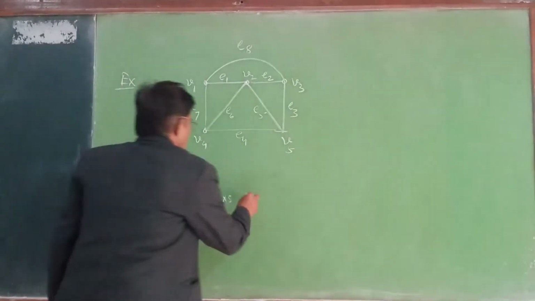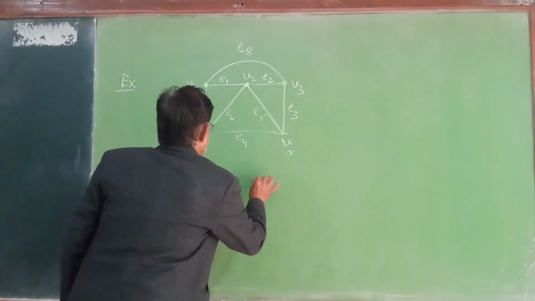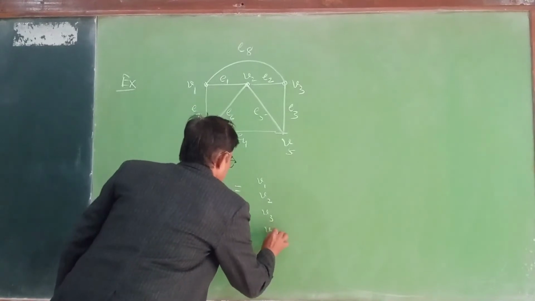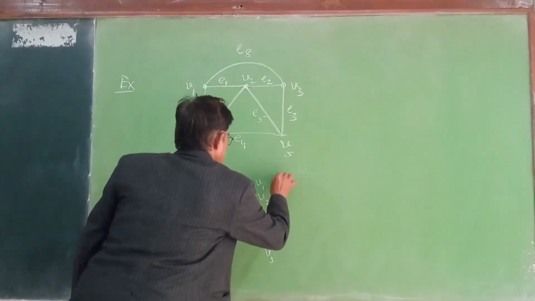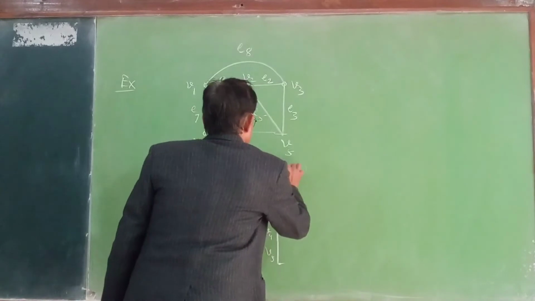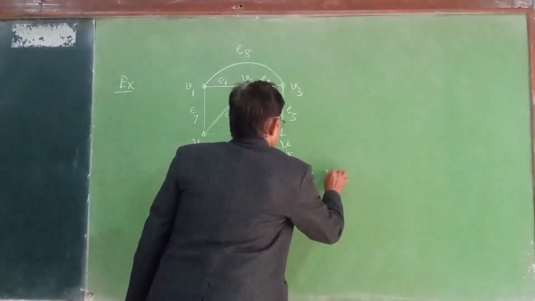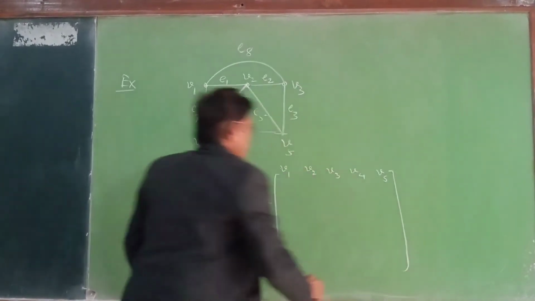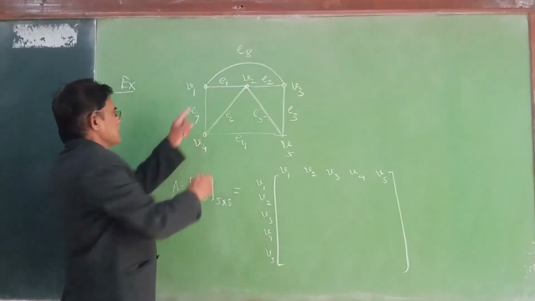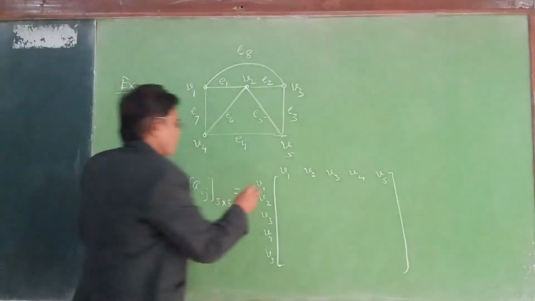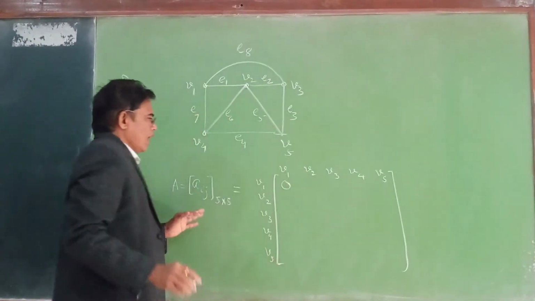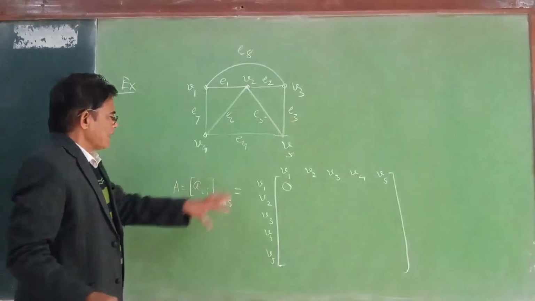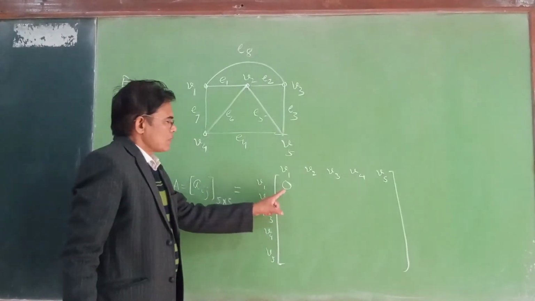So first we write the vertices V1, V2, V3, V4, V5 along the rows and columns. Now for V1, there is no loop, so the value is 0, because our computer accepts 0 and 1 only. So in the matrix there are only 2 entries, 0 and 1.